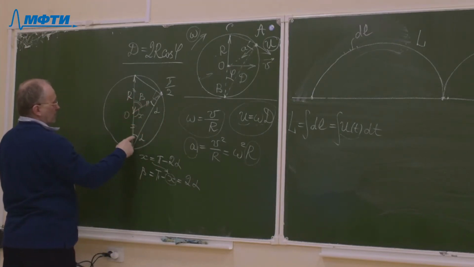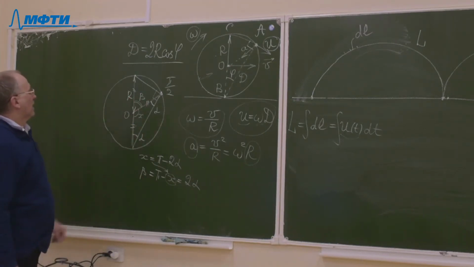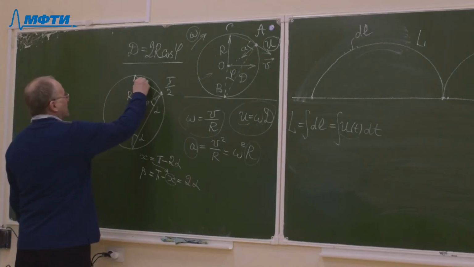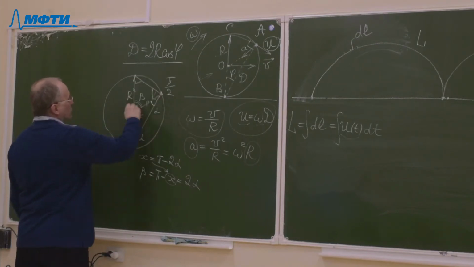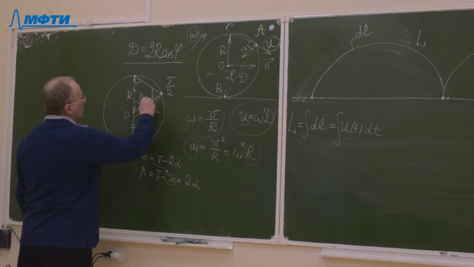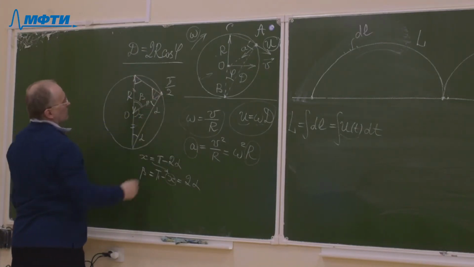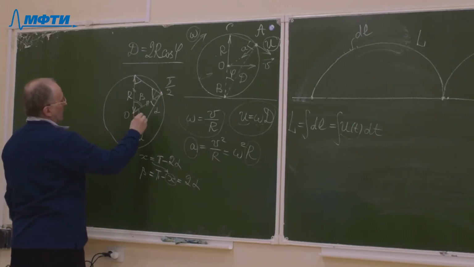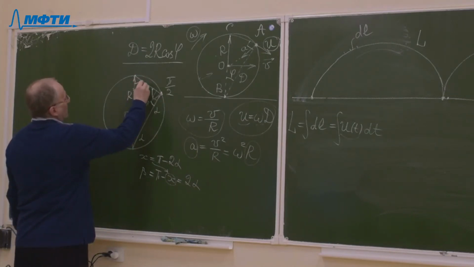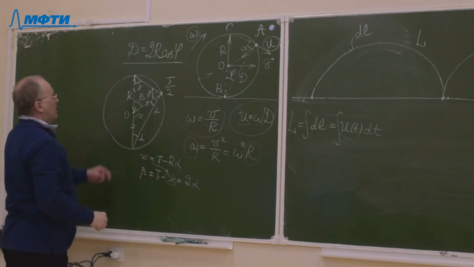Beta is double alpha. And then this angle and this angle, they are also 2 equal angles because this triangle is an isosceles triangle. It has 2 equal sides. Well, this is the radius and this is the radius, so this is an isosceles triangle, and these 2 angles are equal. Let's denote this angle by, whatever, gamma, and this is gamma.